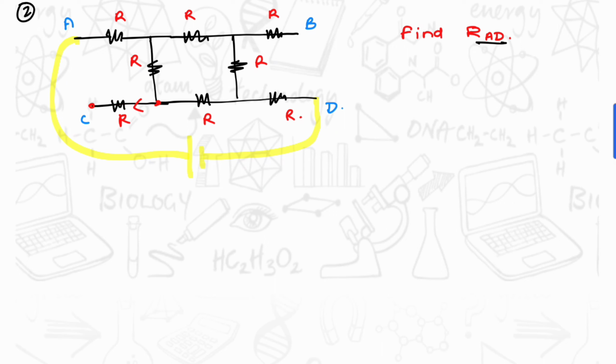Therefore we can remove this, and the same thing happens here. So we can remove these resistors, and then we are left with a circuit like this.